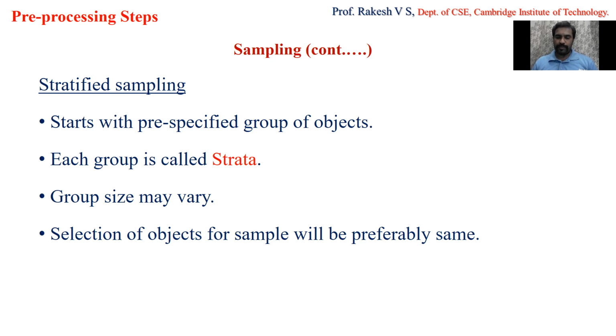The selection of objects for the sample will preferably be the same number of objects from each group or strata, which means in stratified sampling, first we divide the data population into several groups called strata. Now let us see an example and understand how this is done.